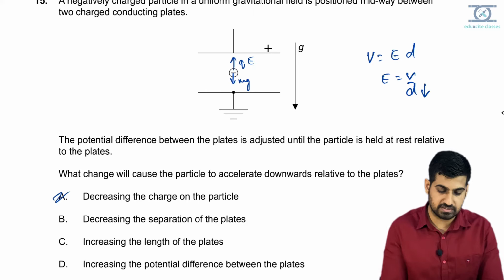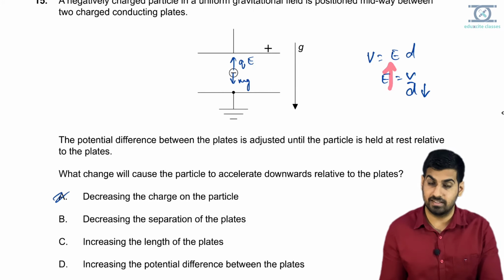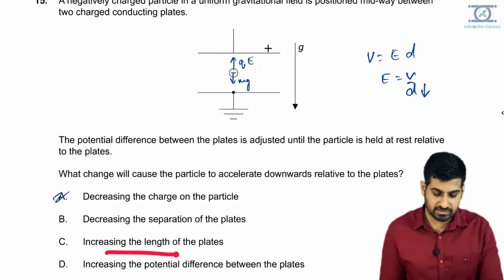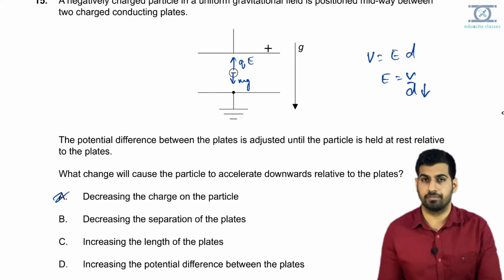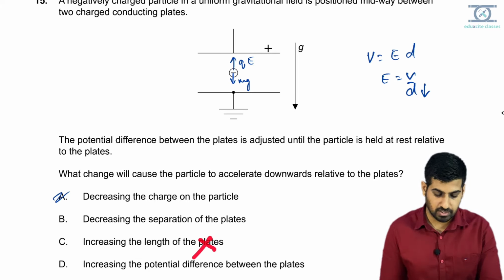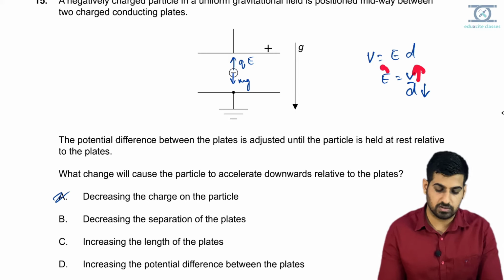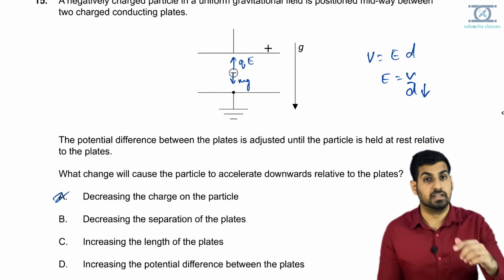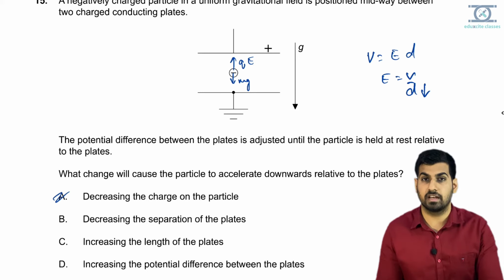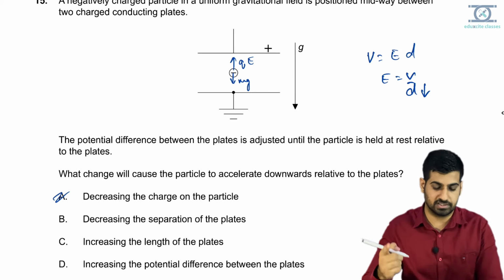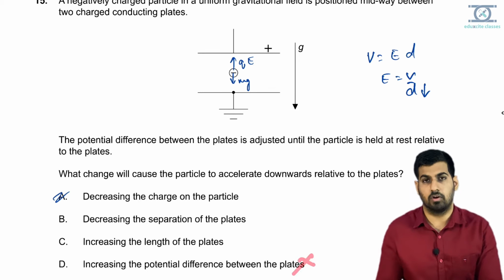If I decrease the separation, the electric field will get increased, so it will accelerate the charge upward rather than downward. So this is a wrong option. Increasing the length of the plate will have no effect, so again this is wrong. Increasing the potential difference: then also the electric field will get increased, resulting in an increase in the electric force which is in the upward direction. So that is also a wrong answer.